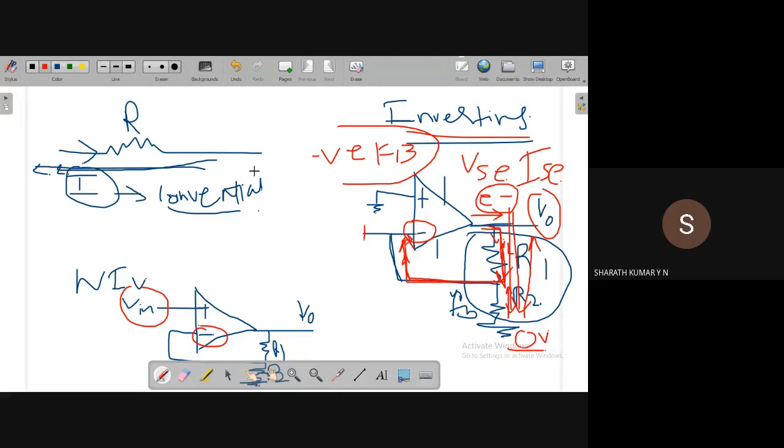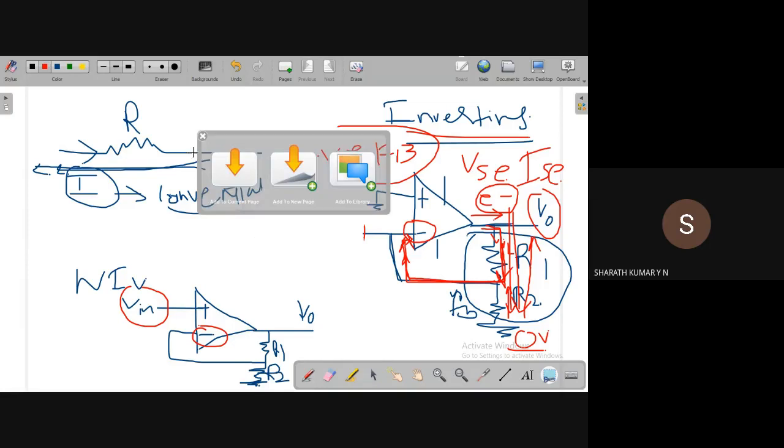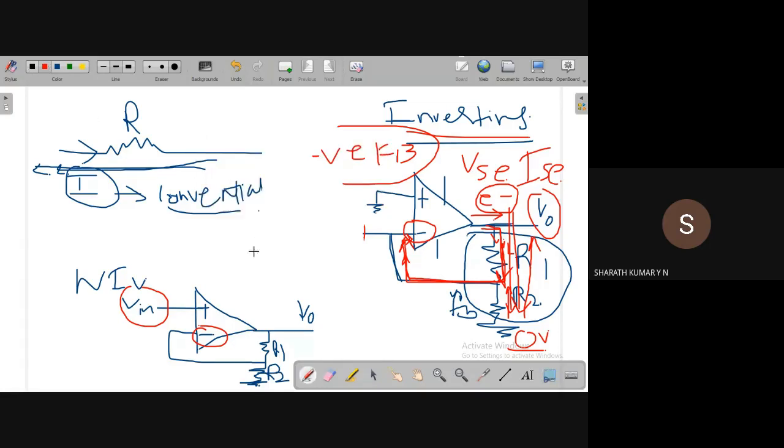With that concept, we have to be very particular. The direction of current is like this. In the textbook they specify it like this because there is a convention, a conventional direction of flow of current.